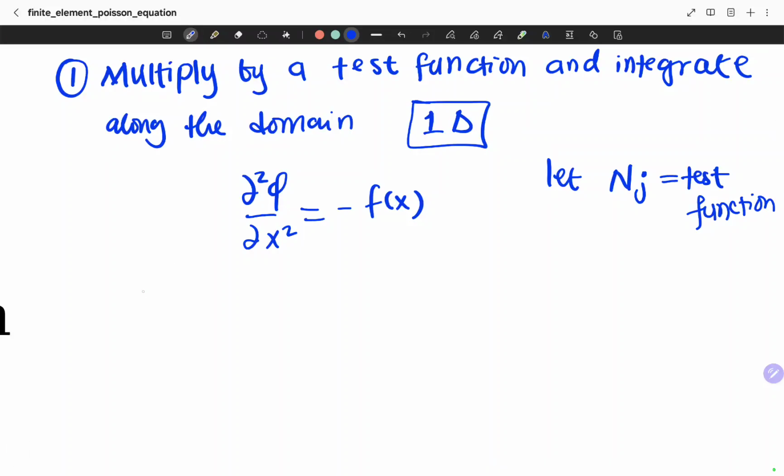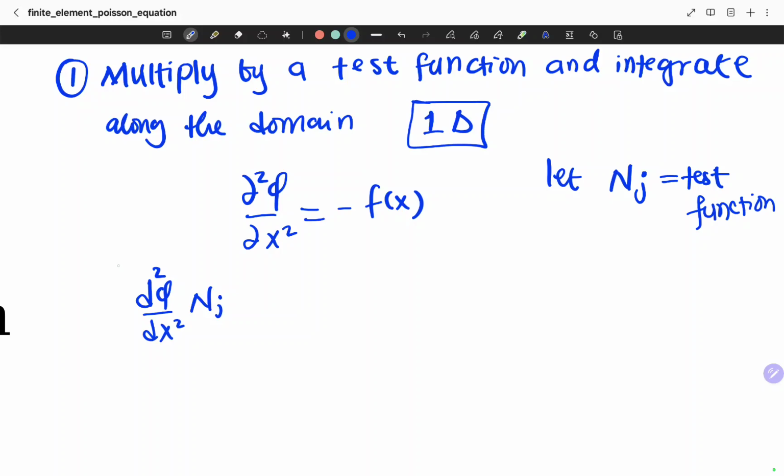So the second derivative, you can make it a normal derivative because it's 1D, times nj. What does j mean? J is like a family, right? It's one test function amongst a family of many test functions you can apply.